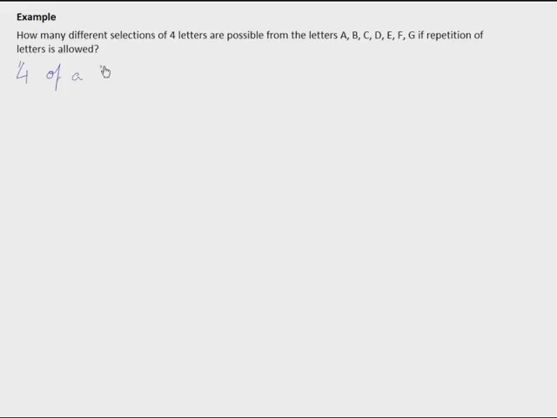4 of a kind means I need to pick one of these letters and then take 4 copies of them. How many letters are there? 7. So I have 7 choose 1 equal to 7 ways of getting all 4 which are identical. Let's do a 3 and a 1 breakup.